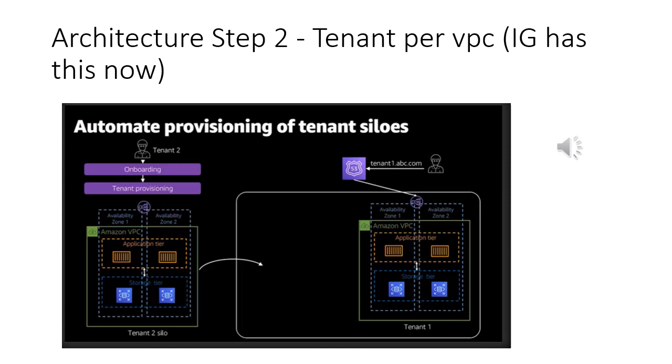As I said, we've done some of the work towards moving from where we are now to the future already. In this case, we've already moved to the place where we have a tenant per VPC in IG. For example, OMAS has its own VPC and StackC has its own VPC in IG.